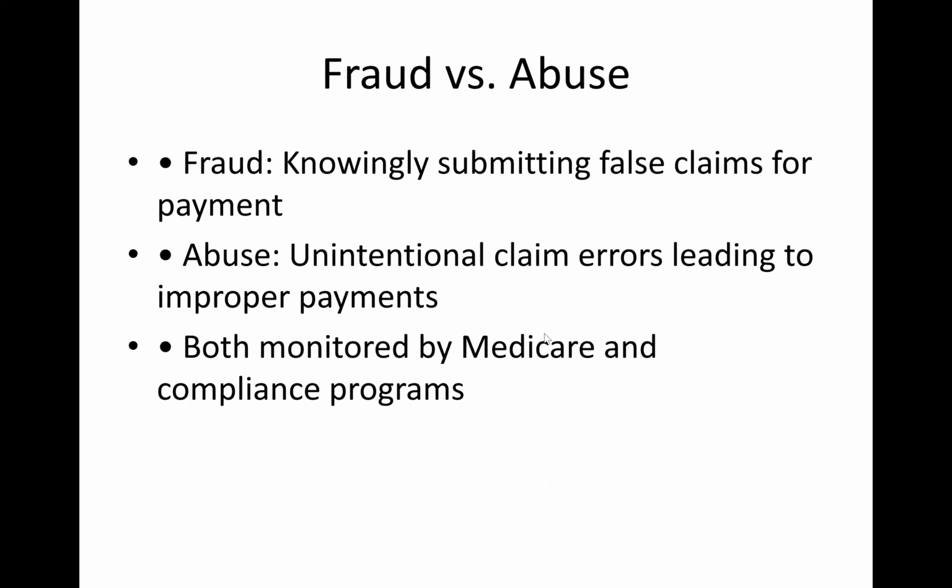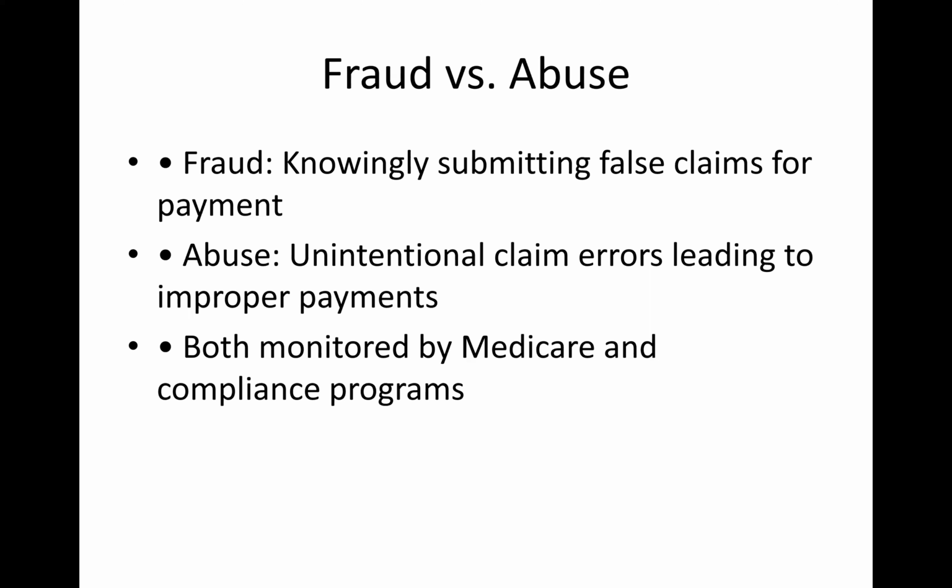One of the things that we talk about is fraud and abuse, and people throw these terms around very carelessly and act like they're the same things. They're related, but not entirely the same. Fraud is knowingly submitting a false claim for payment. So in other words, we know it's false.